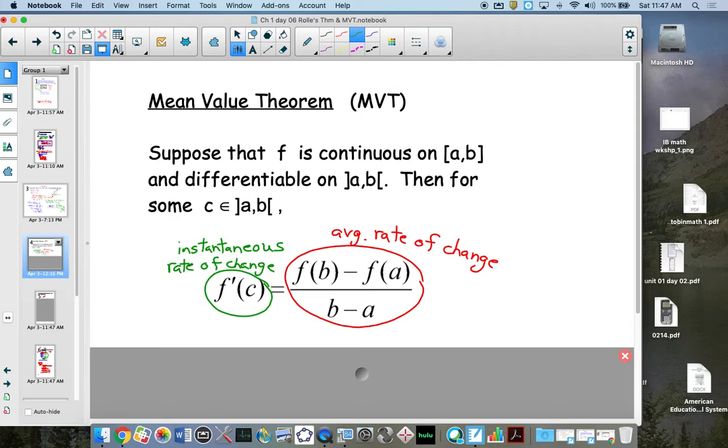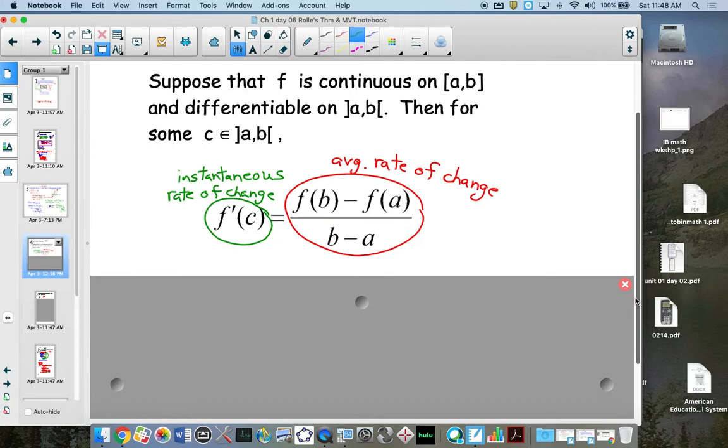Okay, so what this is saying is that if our function is continuous and differentiable, there's some value within that interval between the endpoints where the instantaneous rate of change equals the average rate of change. And so that's probably the best way to remember the mean value theorem. Remember, think of mean as average. So the average rate of change equals the instantaneous rate of change.